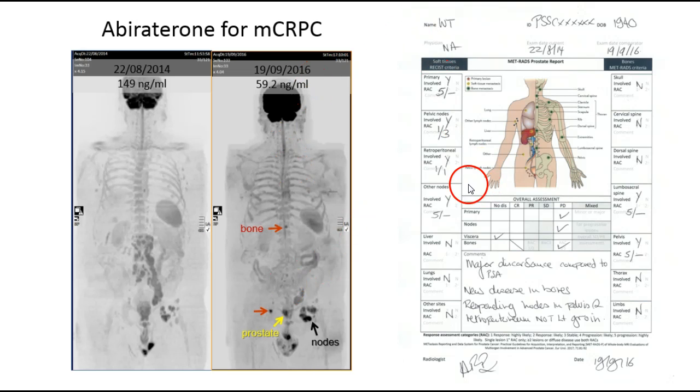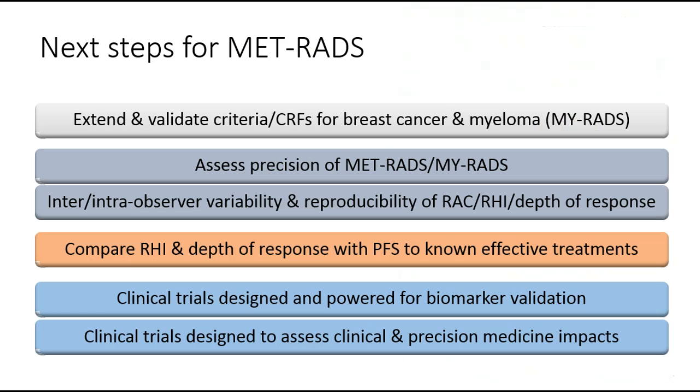You can capture it by saying things like, in the pelvic lymph nodes, the majority of the lymph nodes have responded, but some are stable. In the groin lymph nodes, which would constitute other nodes, you'll see that there is disease present, but the majority of the disease has progressed. This is a way of capturing discordant responses.